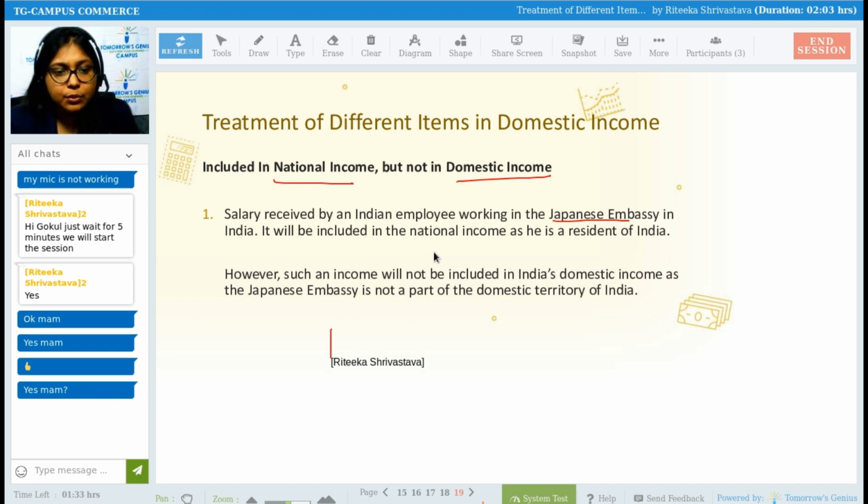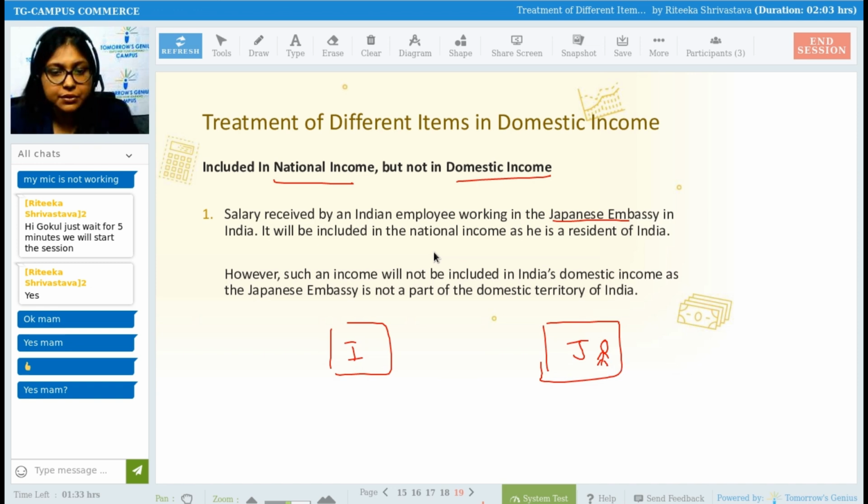Say suppose this is India, this is Japan. And here the person is working, and this person is actually an Indian person, and he is receiving his salary in Japan.